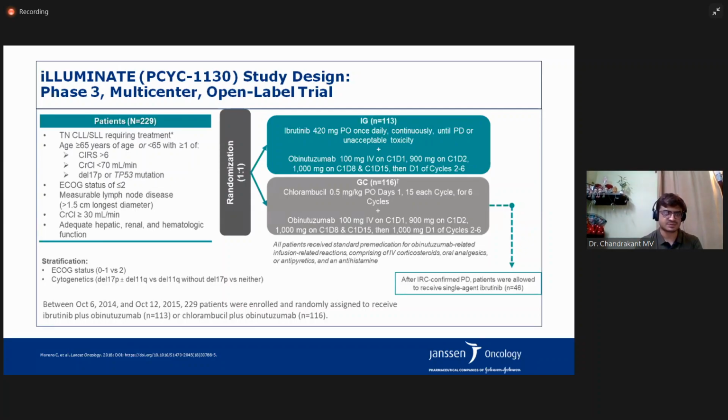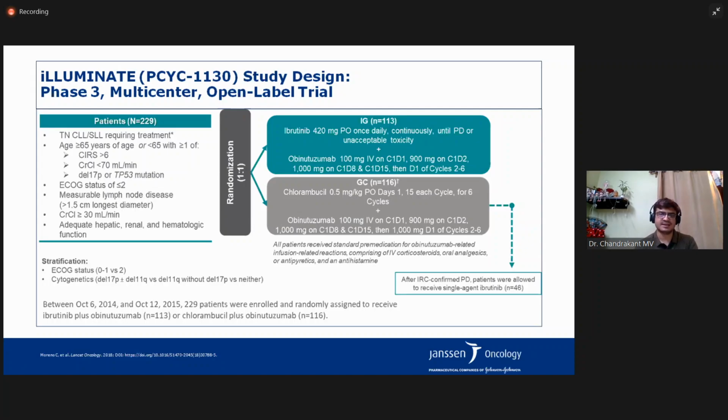The performance status was 0, 1 versus 2 stratification, and cytogenetics 17p deletion, 11q deletion with or without 17p were all included.